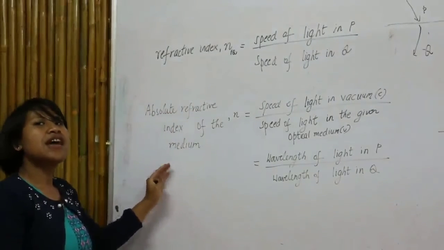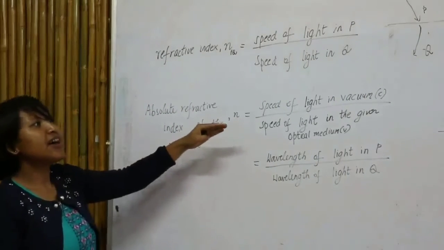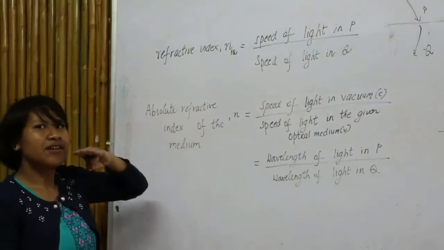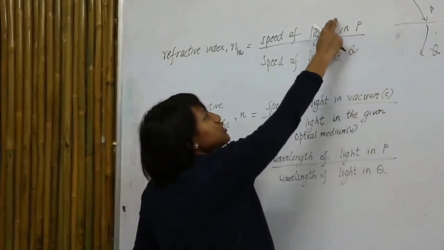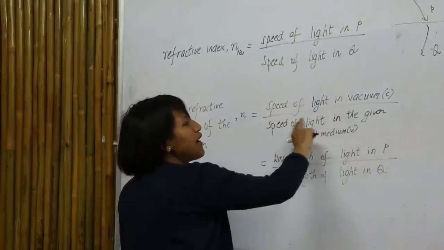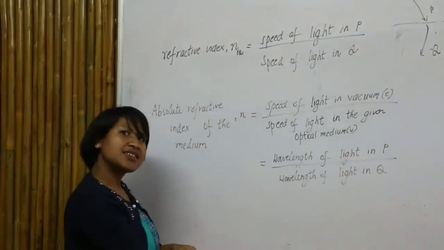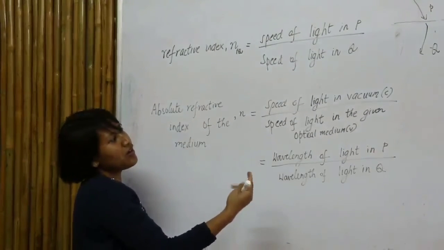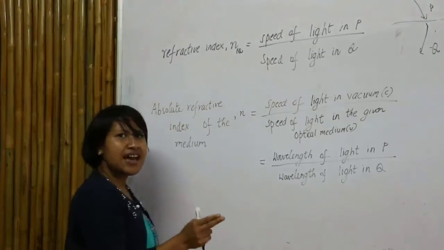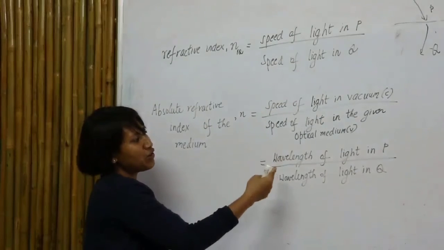As soon as we say absolute, we understand that the first medium is vacuum. So you substitute the speed of light in vacuum, divided by the speed of light in the second medium. Whenever we say absolute, we should understand that the first medium is vacuum.